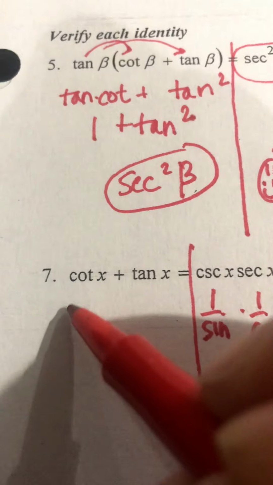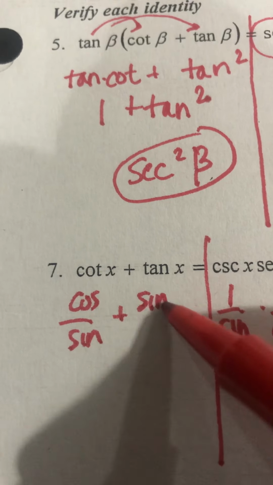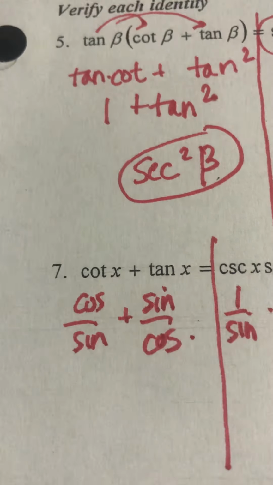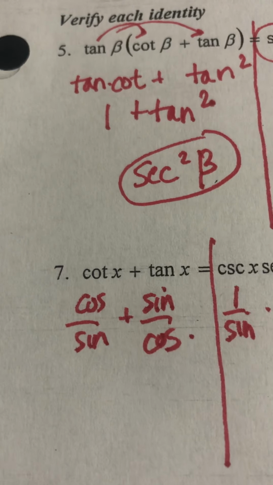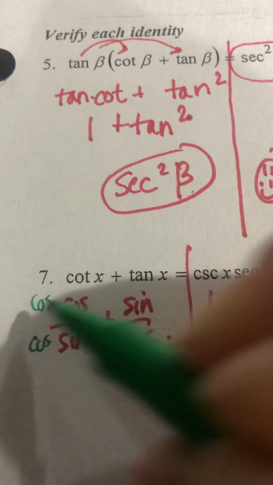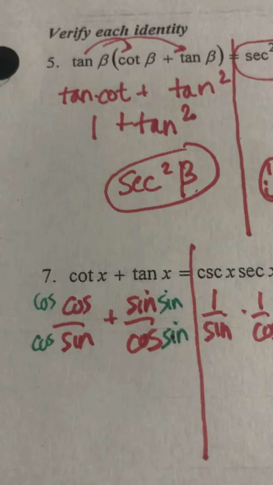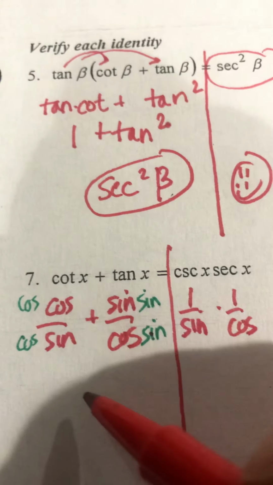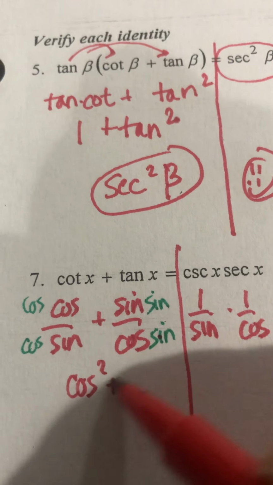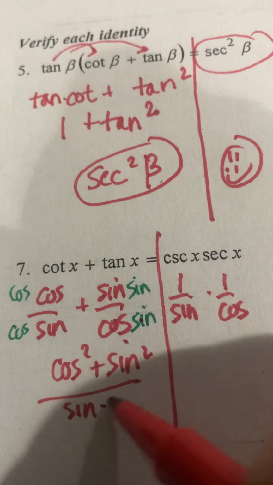Here, if I have cotan, which is cos over sine, and tan, which is sine over cos, this is kind of that classic situation where we get a common denominator. The common denominator is sine cos. So that fraction needs a cos, that fraction needs a sine. Now I'm going to have cos squared plus sine squared over sine cos, right?